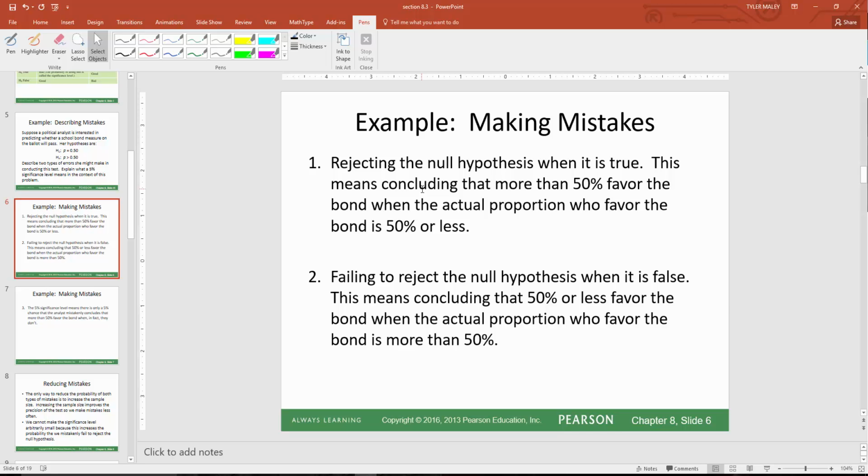So that could happen. And number two, another type, is that we could fail to reject the null hypothesis when it's false. In other words, this means concluding that 50% or less favor the bond when the actual proportion who favor the bond is more than 50%. So those are two types of errors we have to consider in that context.